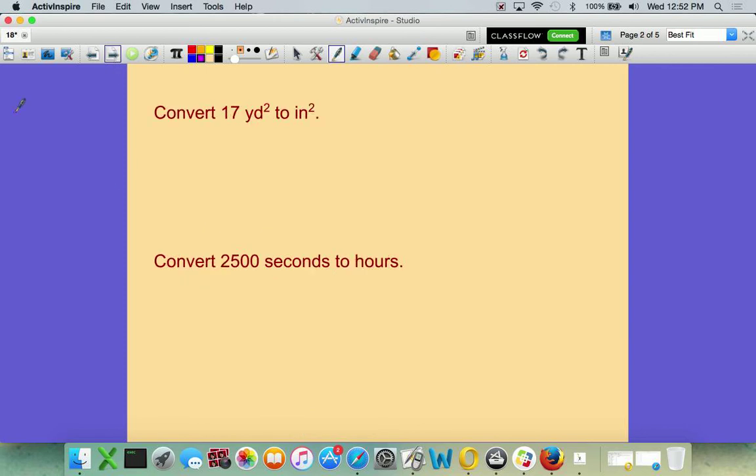For our next one, it's a little bit more complicated. We're going from yards squared to inches squared. Alright, well, one conversion that we know that we just used is 3 feet in 1 yard.